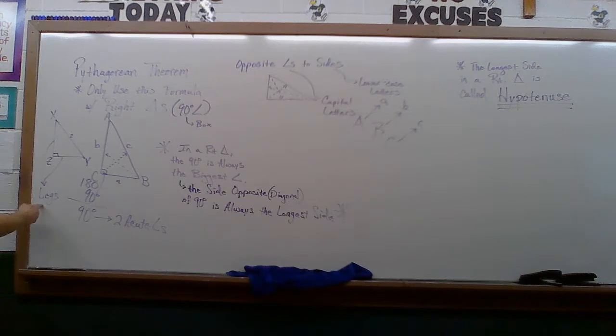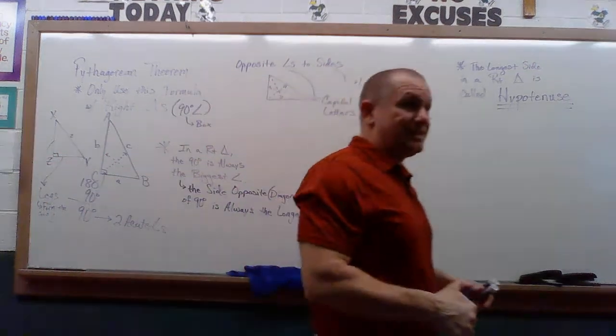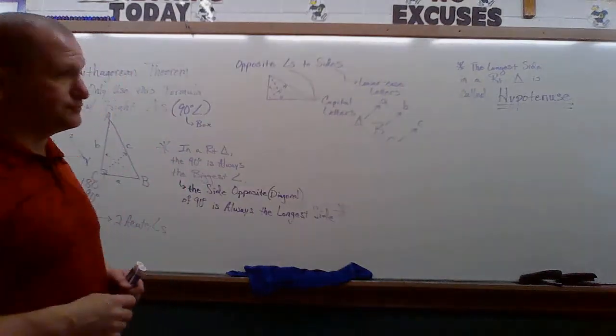Yeah. The legs form the 90-degree angle. Now again, this is one of those things that might come up when we take those ISAS tests next week, all right, as vocabulary. So just remember all that stuff.